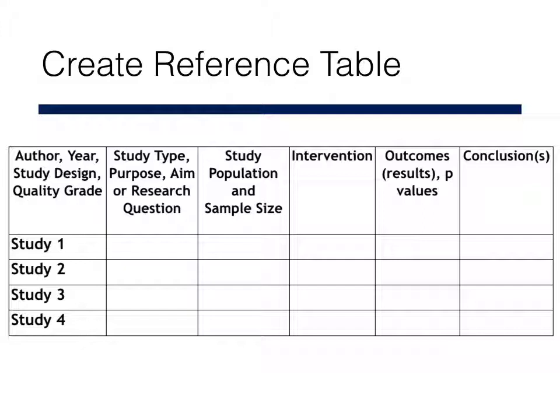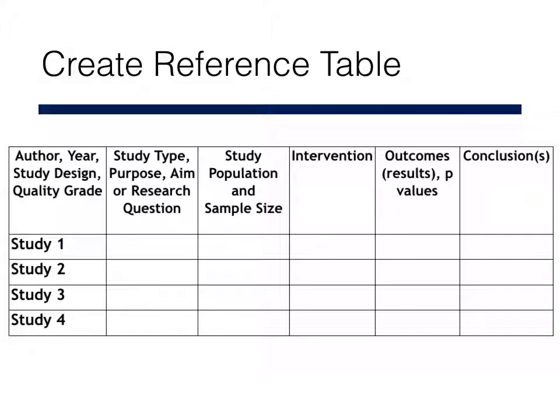As you conduct your research, it's important to create a reference or comparison table to collect information on the articles that you review. The table listed here is an example of what your version should include at minimum. You may want to create individual columns for each piece of the information so it's easier to search and cross-reference in the future.